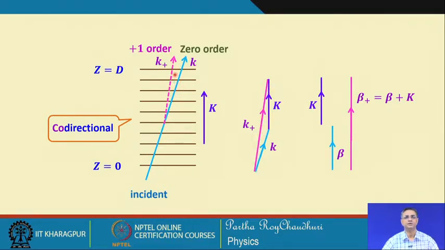So, as if this is the consequence of the modification of the incident propagation vector of the optical beam by the propagation vector of the acoustic beam. So, these three put together will form a triangle, and you directly get the consequence, that is beta plus. So, this is the z component of the propagation vector in this case.